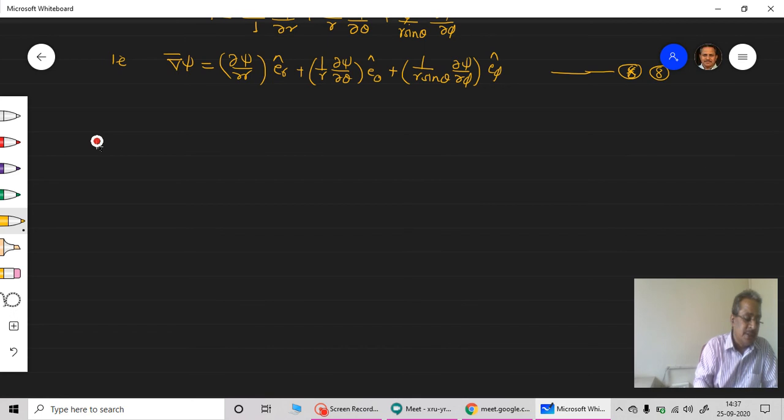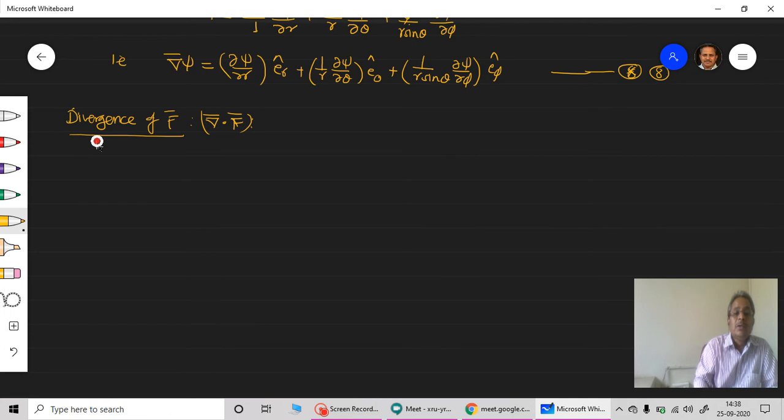Now next is divergence of f bar, that is del dot f bar. We are supposed to get it here.